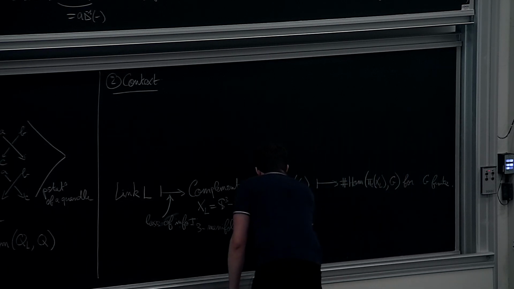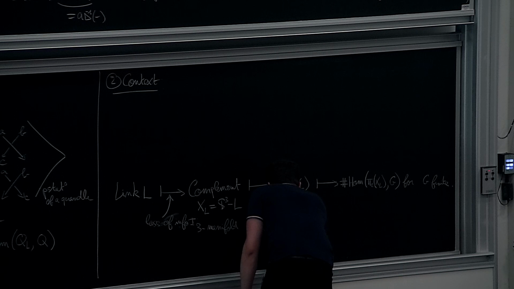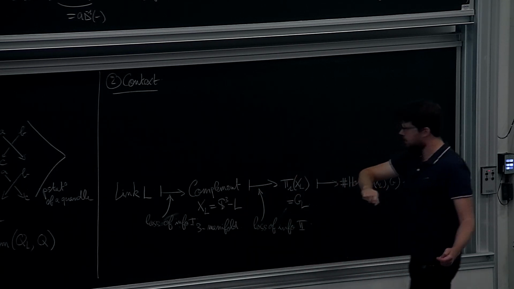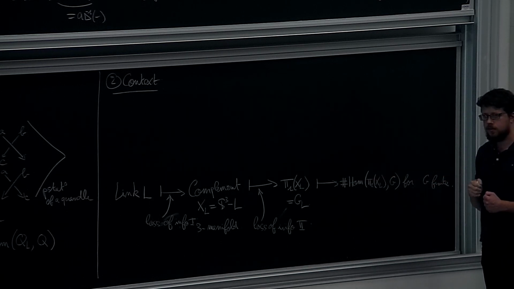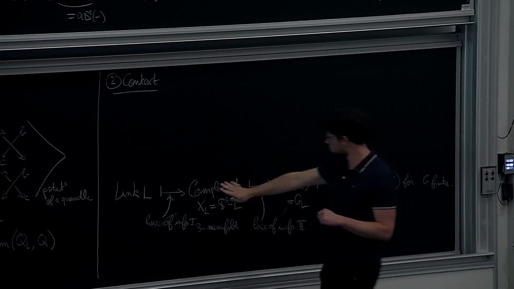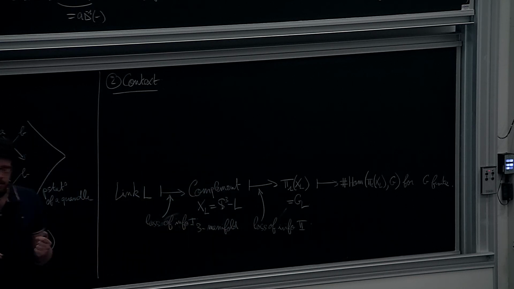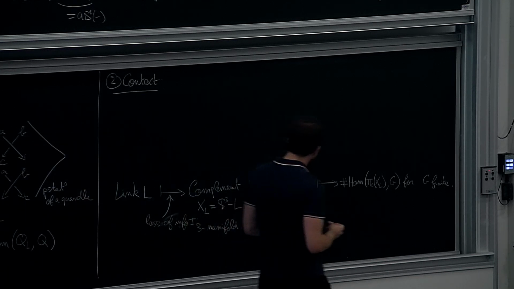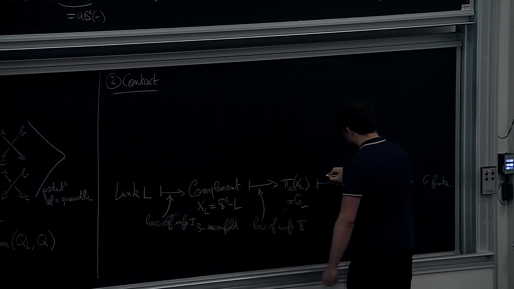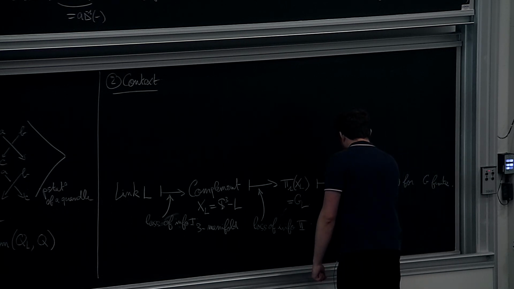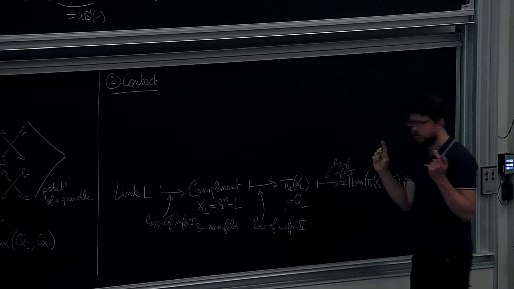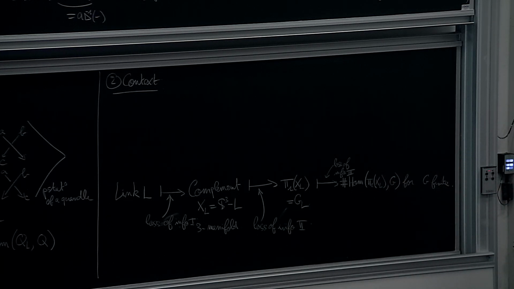Here you have another loss of information. There are knots with a homeomorphic complement and not the same group. The simplest example, I think, is the granny knot and the square knot. And here there is another loss of information. But in certain cases, and in particular for prime knots, it's conjectured that you're not losing so much information.